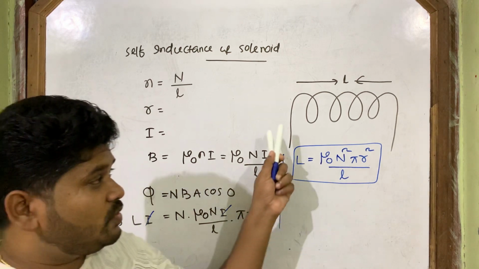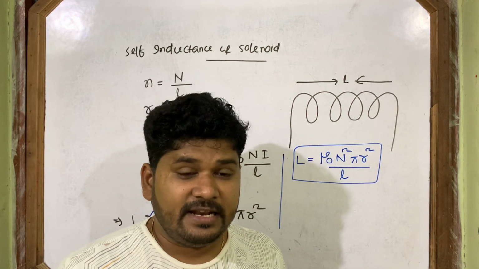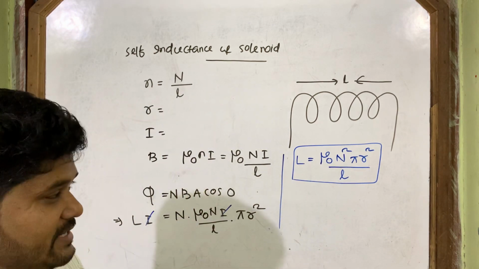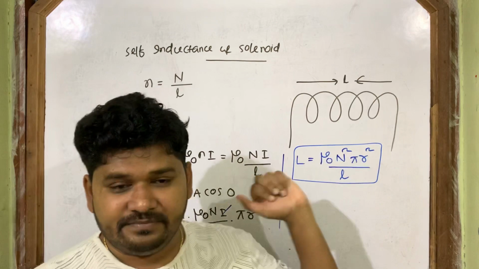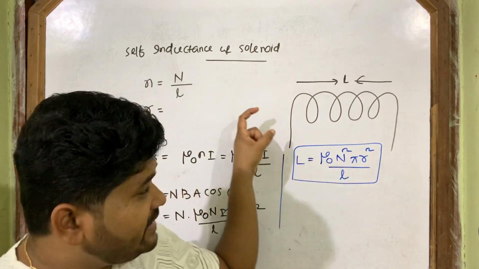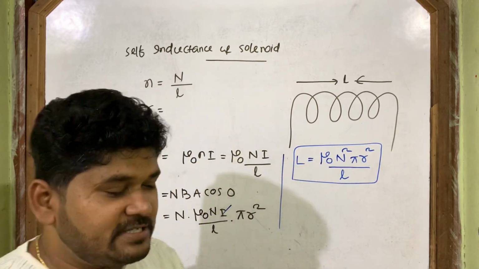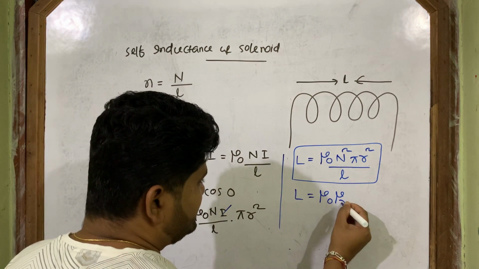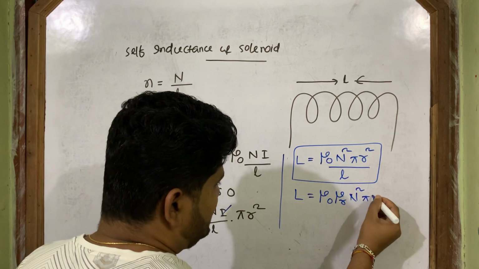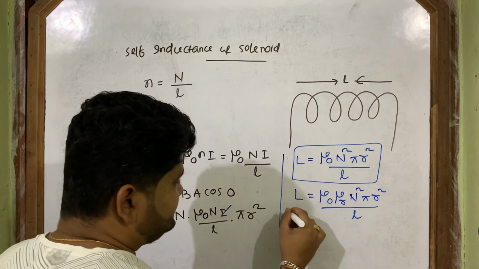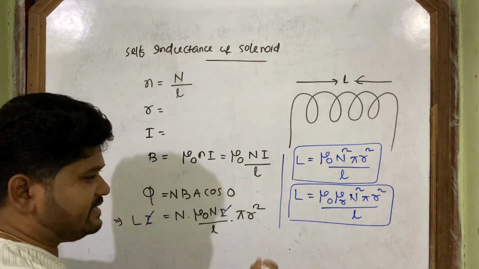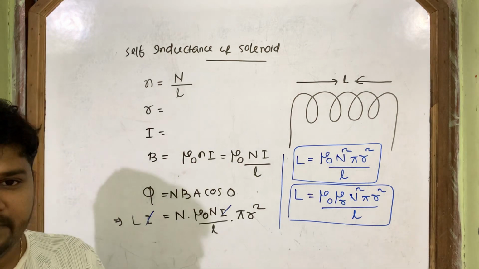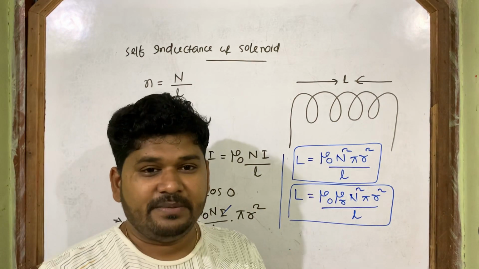This expression is for an air medium or vacuum. But if the core of the solenoid contains any material having relative permeability mu r, what happens to this expression? Then L becomes mu naught mu r N square pi r square by L, where mu r is the relative magnetic permeability of the material.